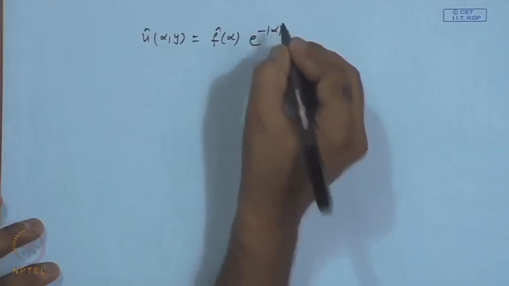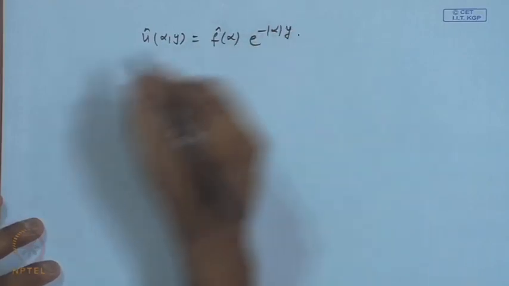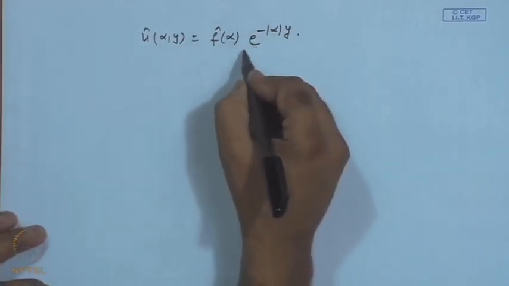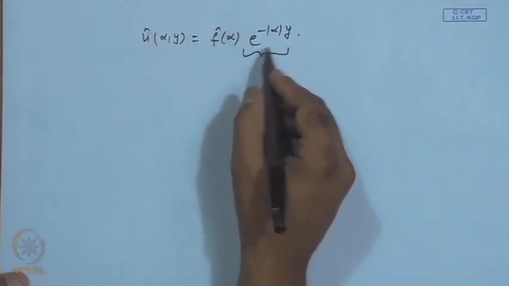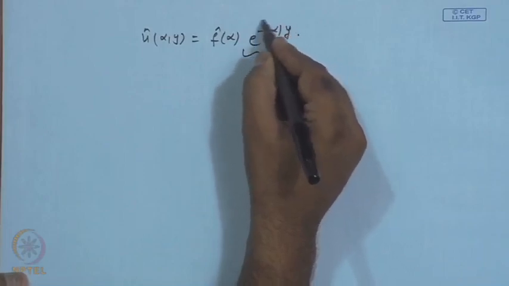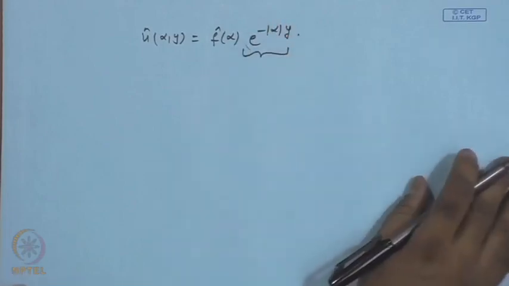And now our solution of the transformed ODE is f̂(α) e^(−|α|y). And now, we again apply the same trick with the convolution theorem, but we need to get the Fourier inverse of this.